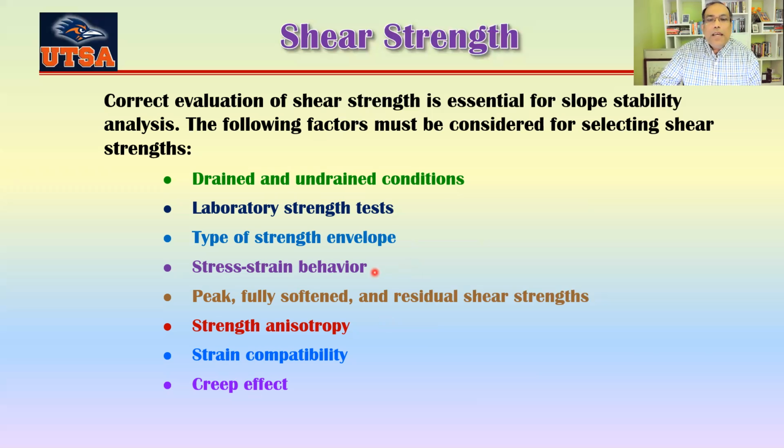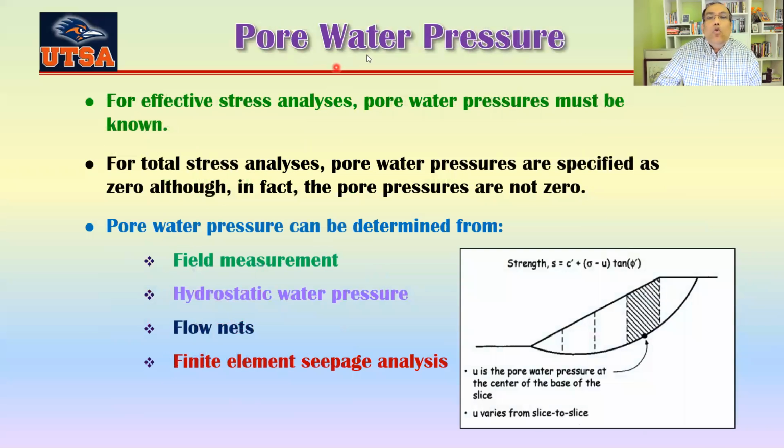Okay. Now the second one is our pore water pressure. For effective stress analysis, pore water pressure must be known, because your effective stress is nothing but the total stress minus pore water pressure. So we can calculate the total stress based on the weight of the soil and other loading here.